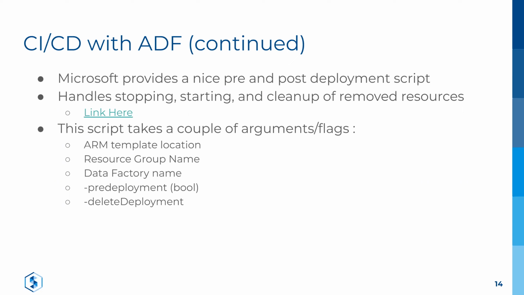It takes in a couple of simple arguments, flags: template location, resource group name, data factory name, whether it's pre-deployment or post-deployment, which is just a bool, and then whether it's going to delete the deployment at the end of it. So again, very handy, and it goes to show Microsoft's really trying to help out by making this a simplified process in things like Azure DevOps.